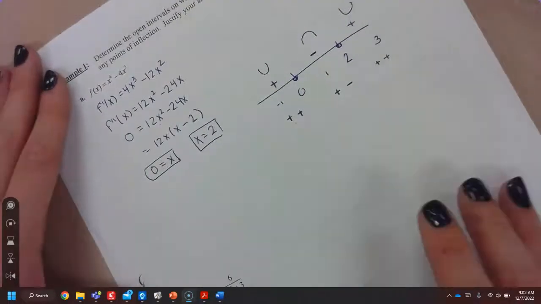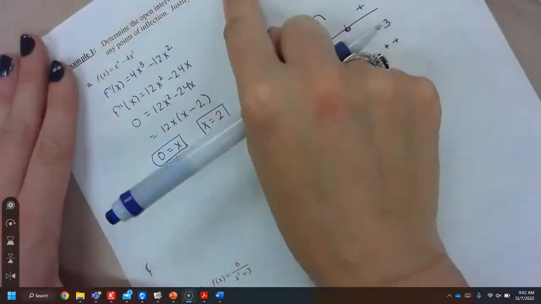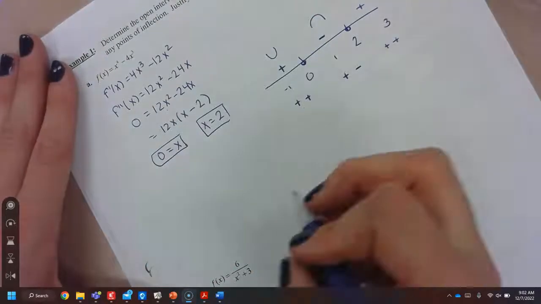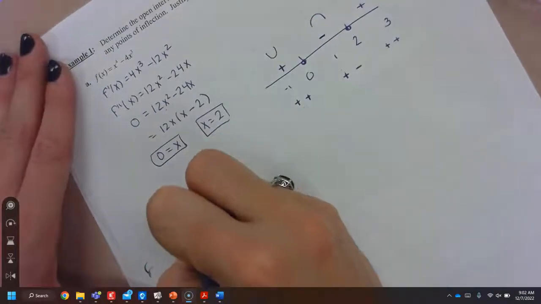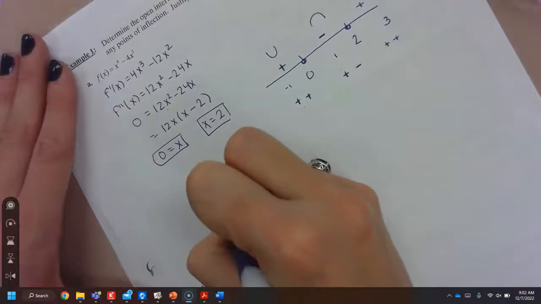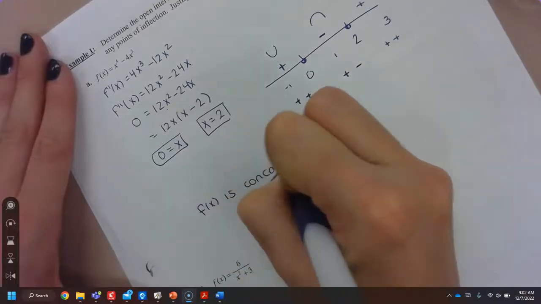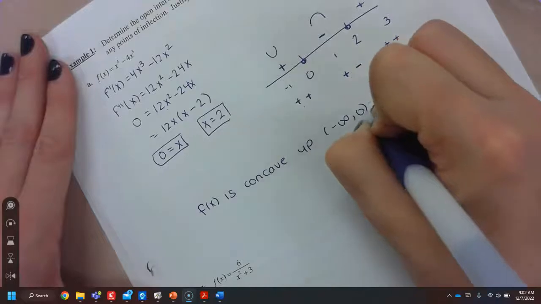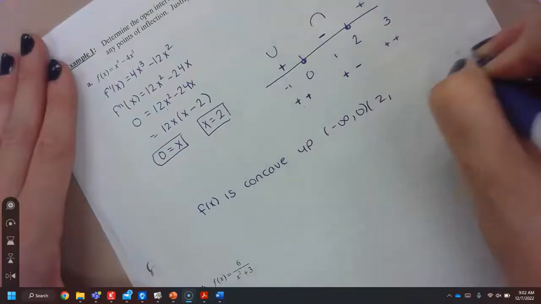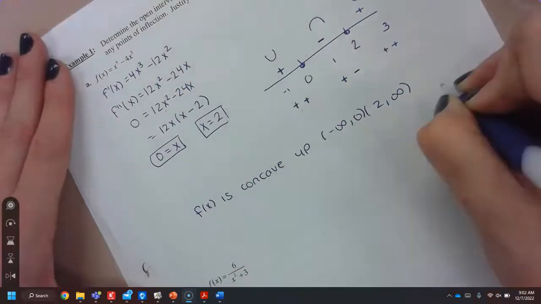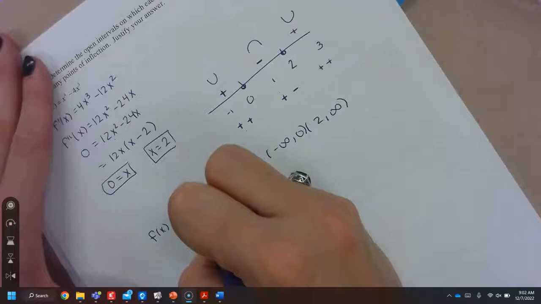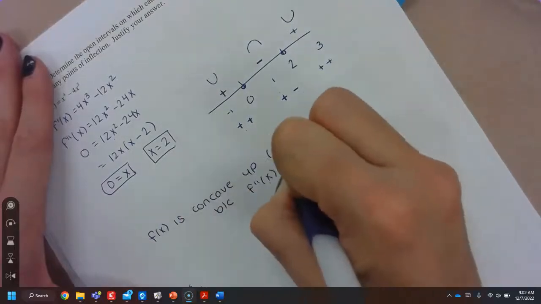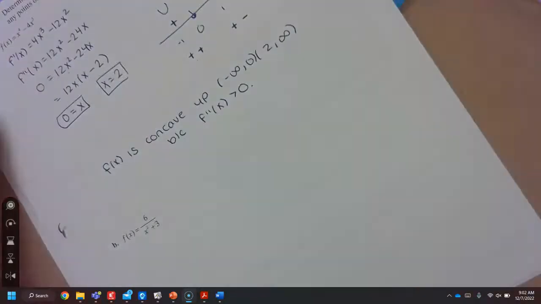So it says to justify your answer, so we're going to work today on what that means. So we would say that f of x is concave up from -infinity to 0 and 2 to infinity, and then your reasoning is because f double prime of x is greater than 0, or you could write is positive.